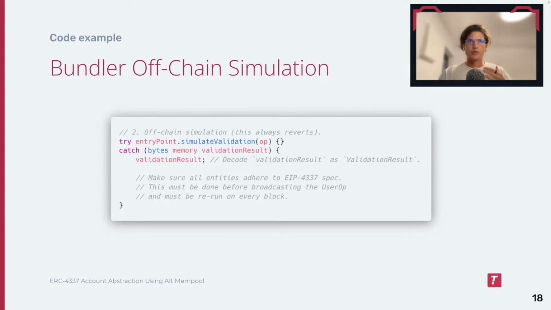As mentioned before, you wouldn't necessarily run this as a call in Solidity like this, but this would be done with a debug trace call, because all of these EIP-4337 spec adherence rules must be checked.